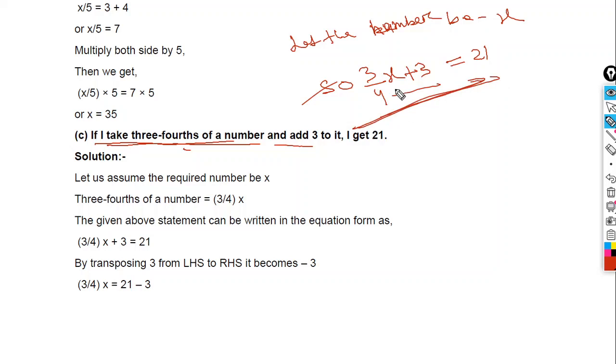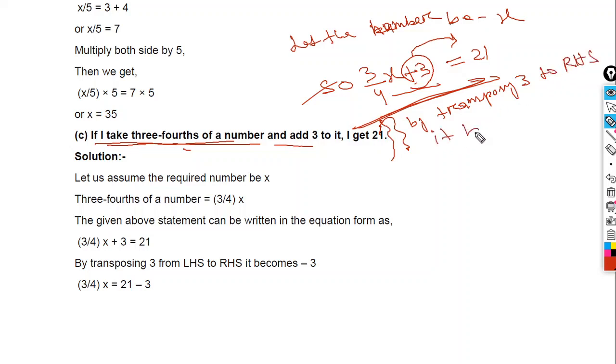Now we will solve it. You know the solution process. You transpose 3 to RHS. By transposing 3 to RHS, it becomes minus 3.